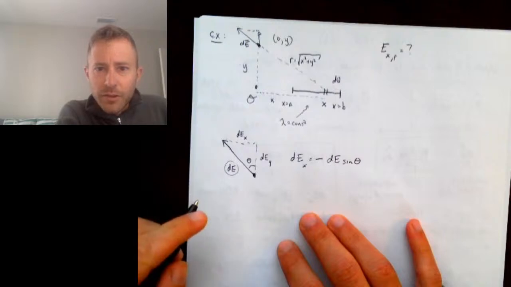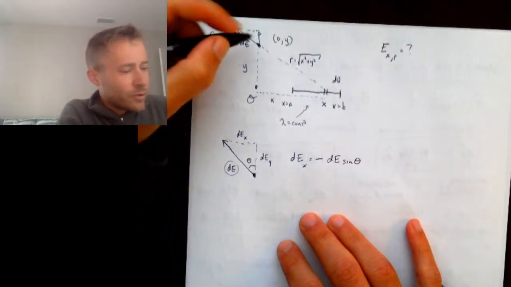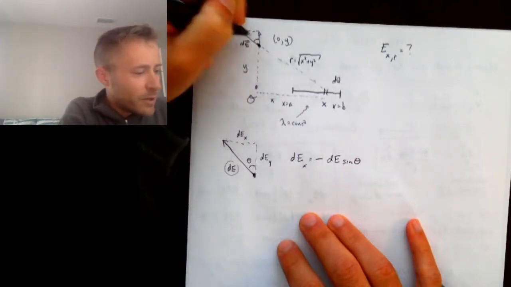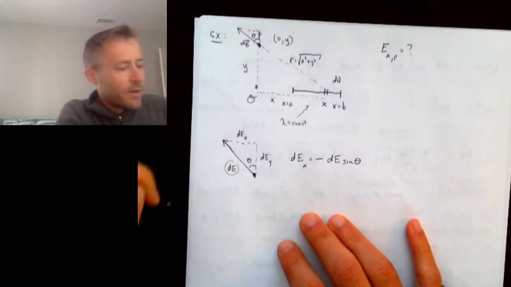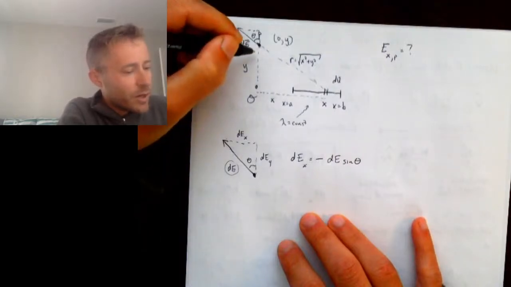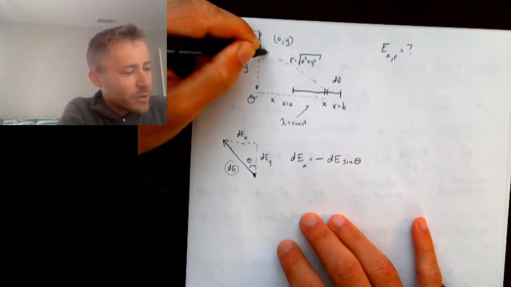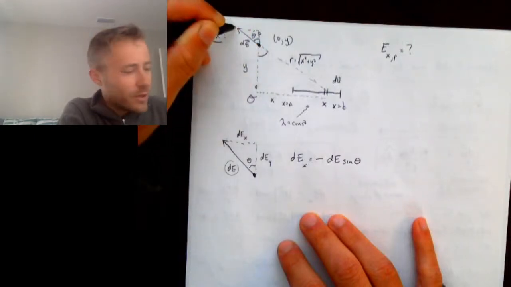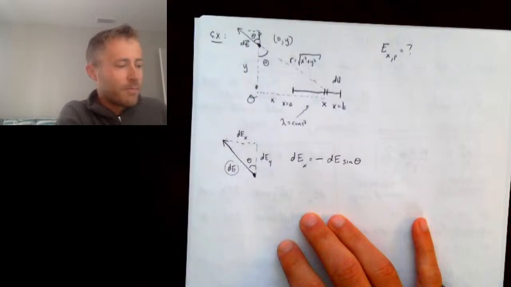Now here's the interesting thing. Just by the geometry of this situation, this angle right here is theta. Now, by the geometry, this is a straight line and this is a straight line, so this also has to be theta.